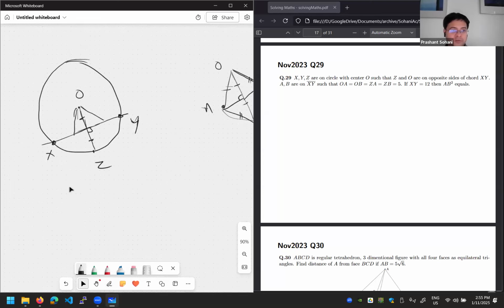Make the diagram slightly larger. Okay, so you see in this diagram we are capturing all the important information that all these lengths are equal, and we also know how much that length is, right? So all of them are equal to 5.